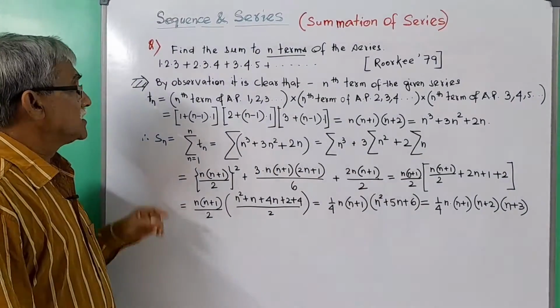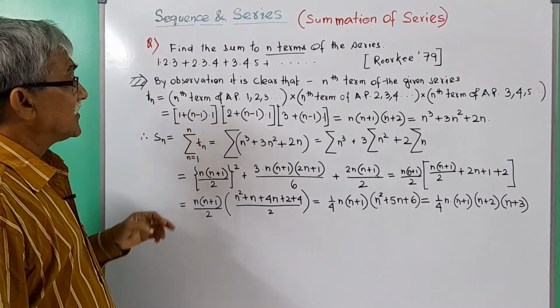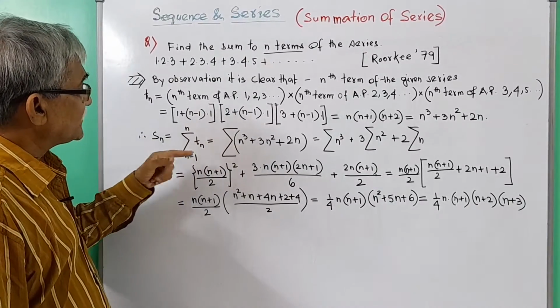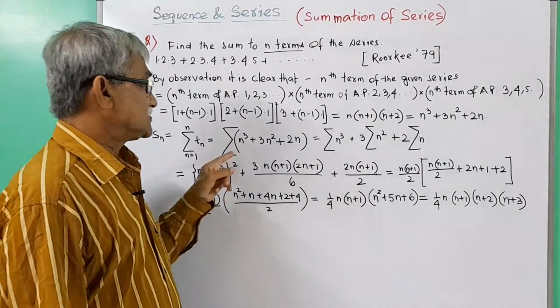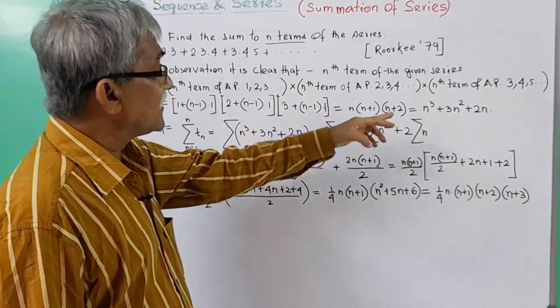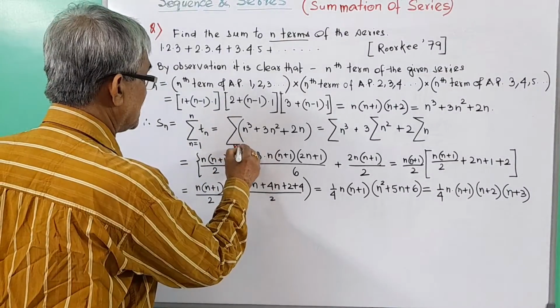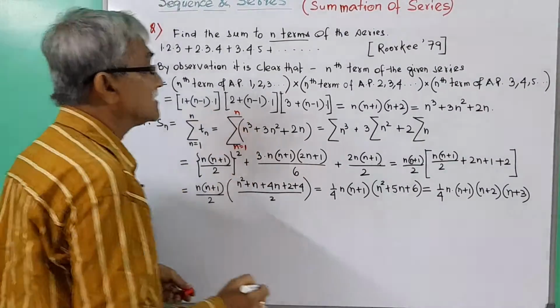Therefore Sn, the sum of that expression, is summation Tn from n equals 1 to n, that is summation of n cube plus 3n square plus 2n, from n equals 1 to n.